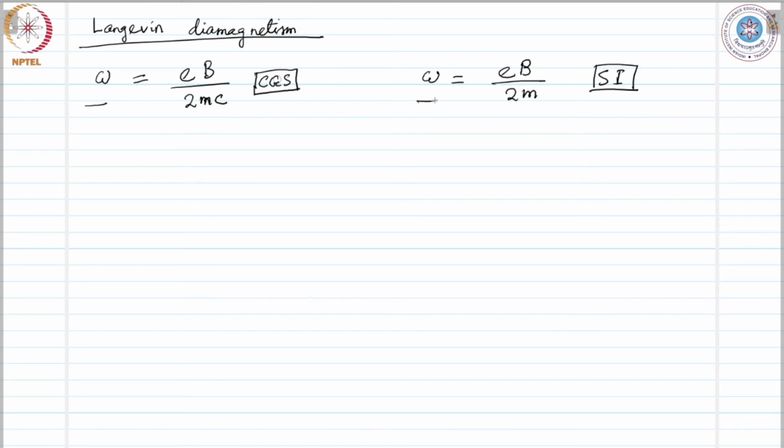The Larmor precession of Z electrons is equivalent to an electric current.